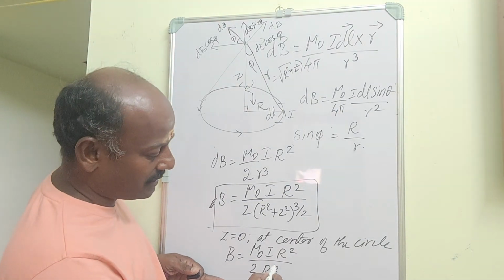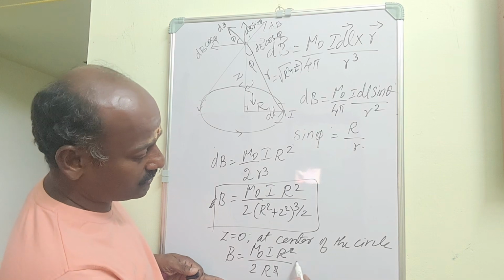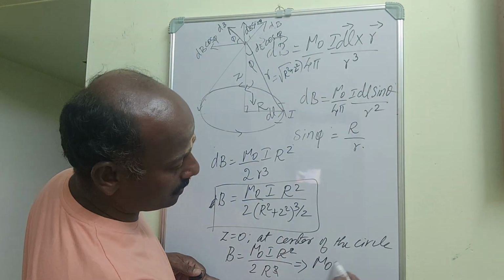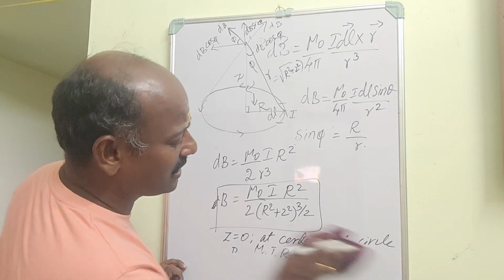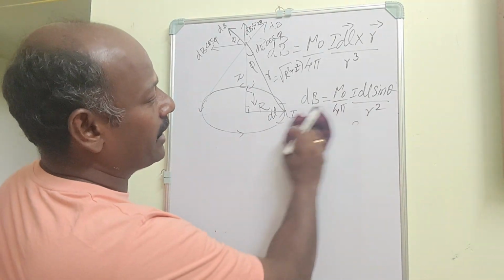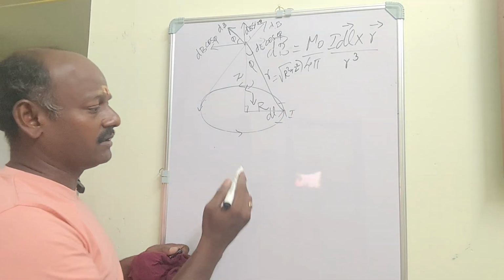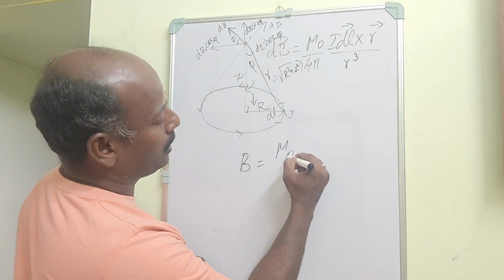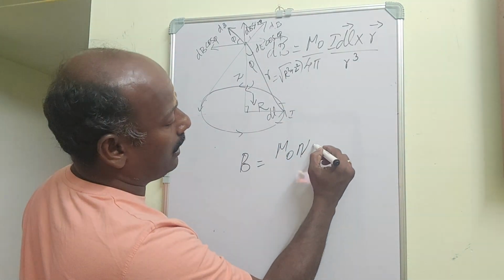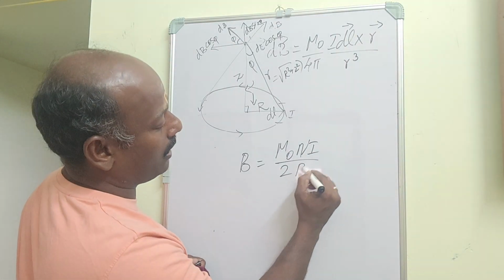So I can cancel R square and R cube. Finally I will get mu naught I by 2R. If it contains n number of turns, the magnetic induction at the center of the circular coil carrying current is B equal to mu naught n I by 2R.